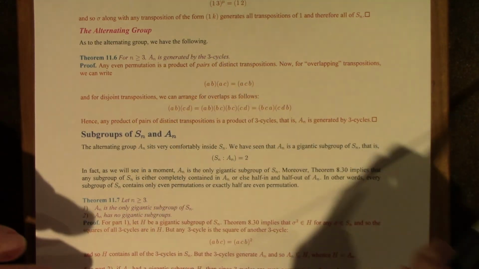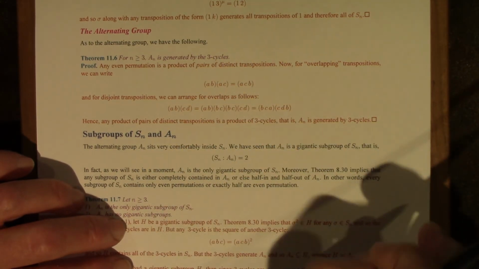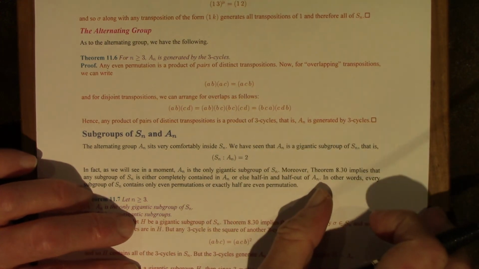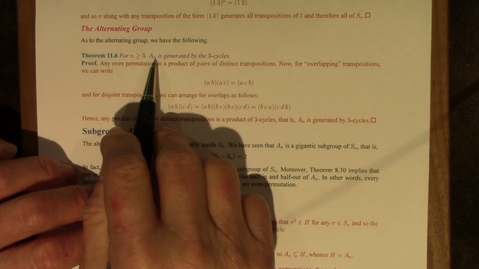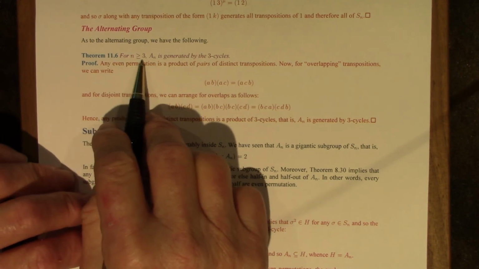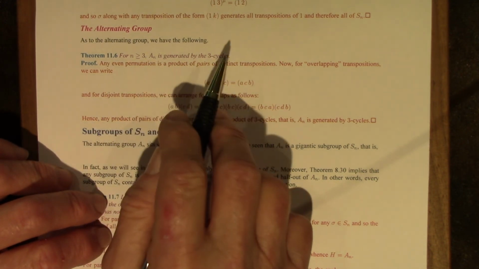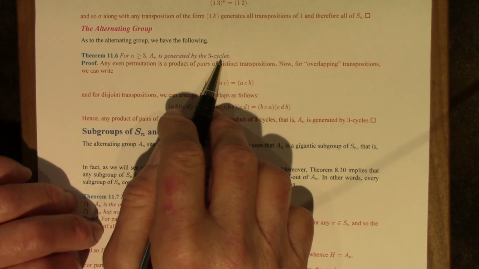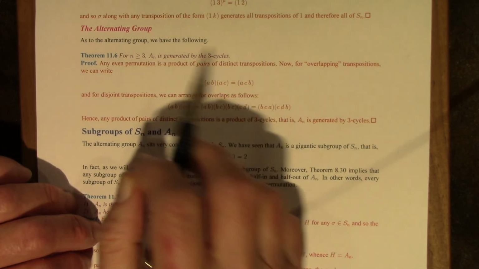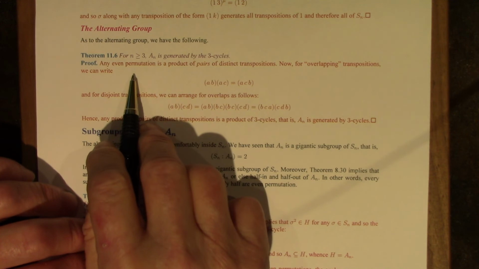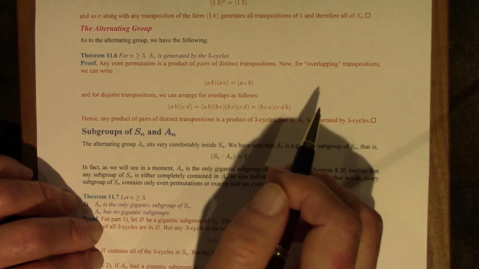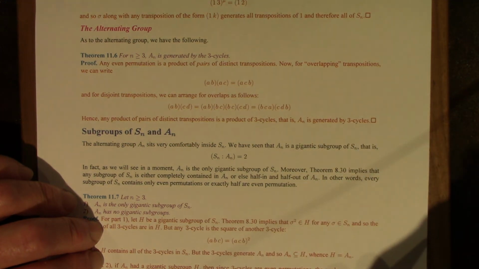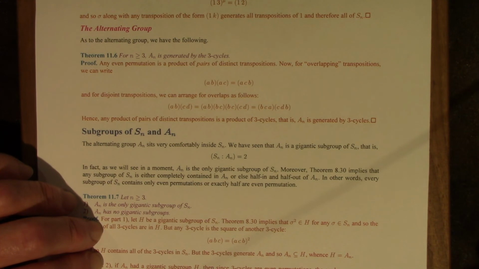The alternating group also has a very interesting and very important generating set. An, for n bigger than or equal to 3, is generated by the 3 cycles. As to proof, any even permutation is a product of pairs of distinct transpositions.